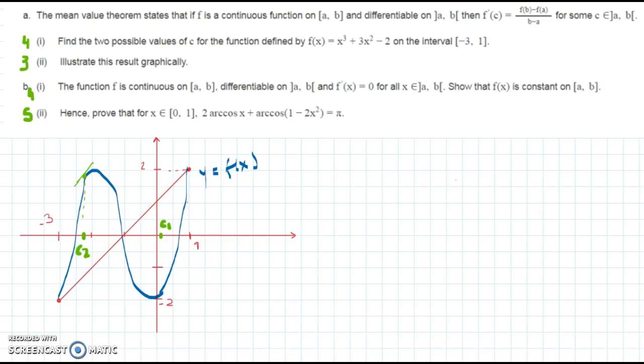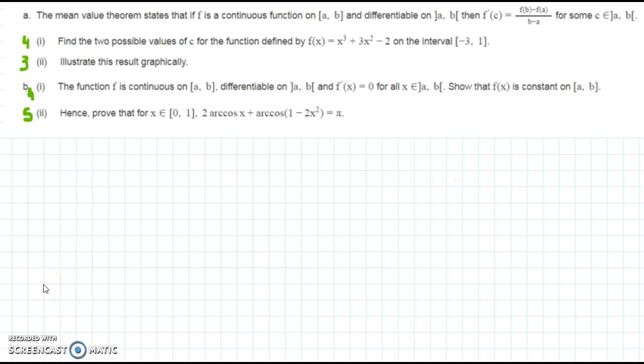So something like this. And then at this point over here, something like this. So we found the 2 points where the slope of the function is the same as the slope of the secant line that they have here in red. And that was what we needed to do for part A2.